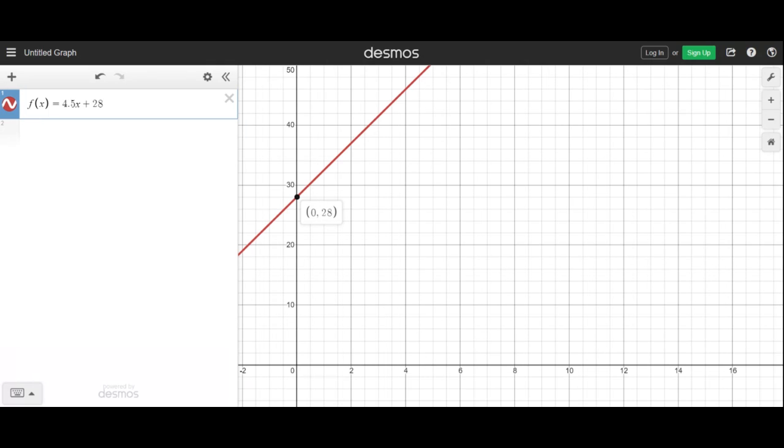Well, our f of t is the height of the water, the t is the amount of time in years, and so we can say in this case that our water level is rising because it's going up, it's a positive value, at a rate of 4.5, and in this case that would represent feet per year. So every year that we go, we're increasing our height of our water level by 4.5 feet.